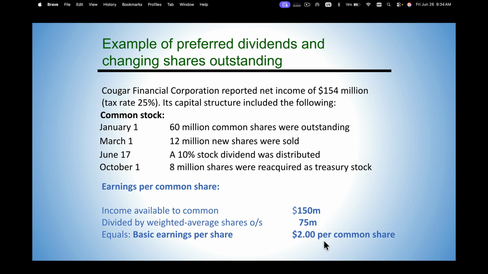And this is basic earnings per share. There's no potentially dilutive convertible securities there.